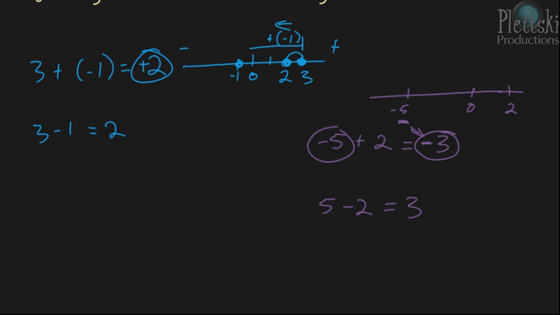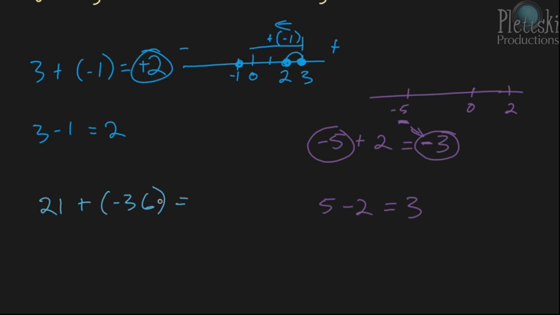Okay, let's do one more example without the long explanation. Let's do 21 plus a -36. Which one of these two numbers is farthest away from 0? Well, 21 is going to be 21 units away from 0, and -36 is going to be 36 units away from 0. So the number with the largest absolute value, or the farthest distance away from 0, is going to be the -36.